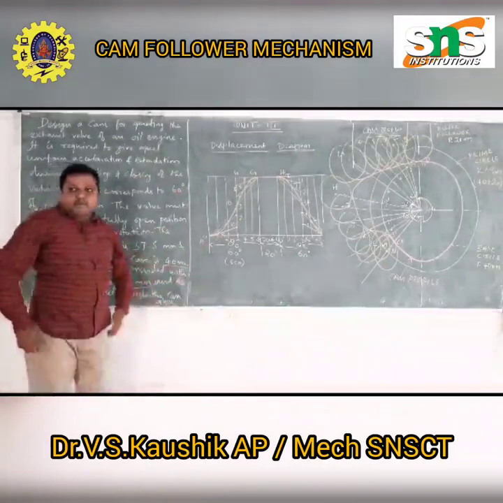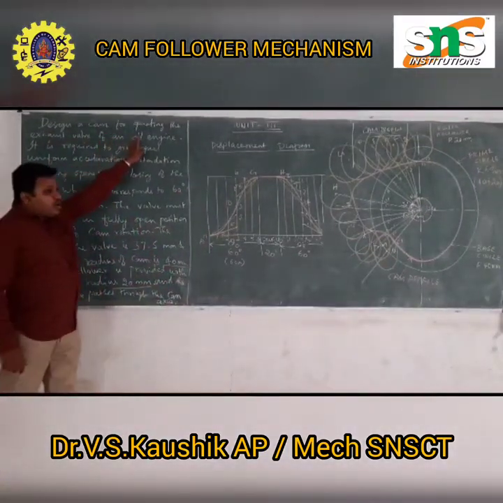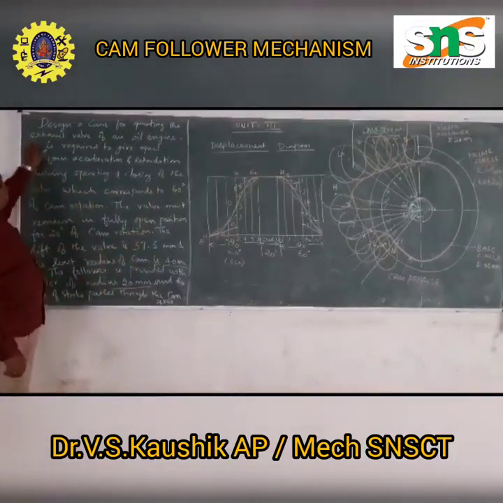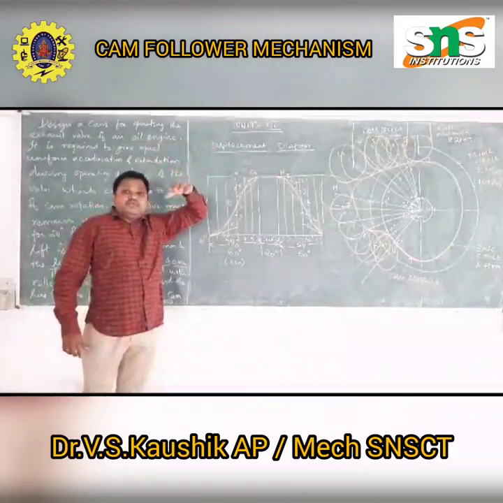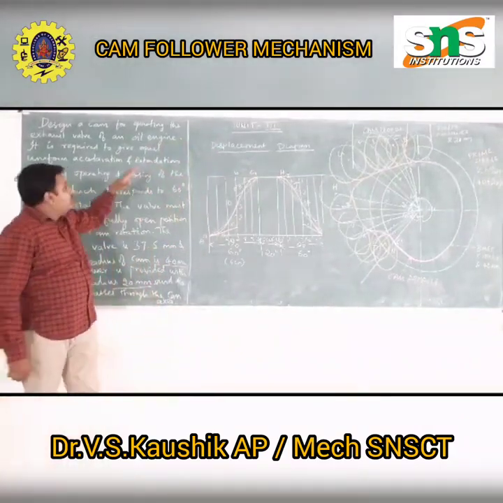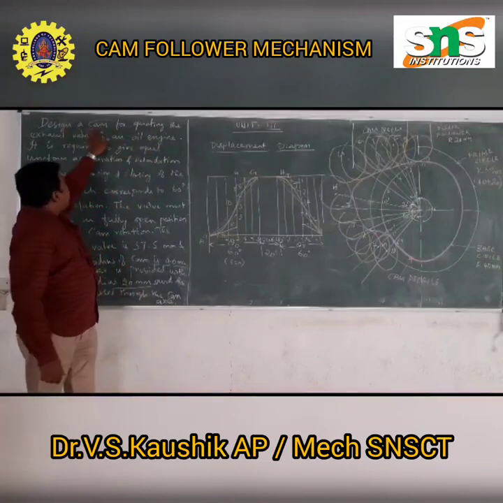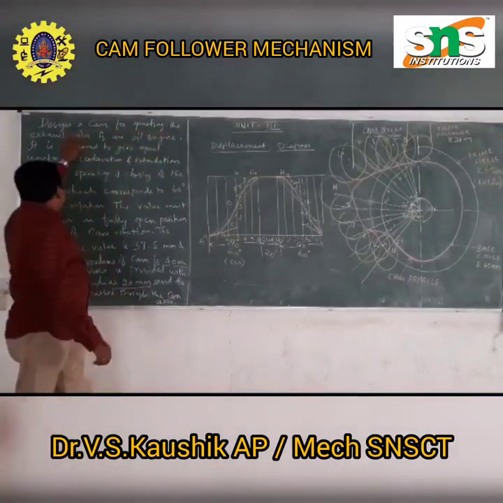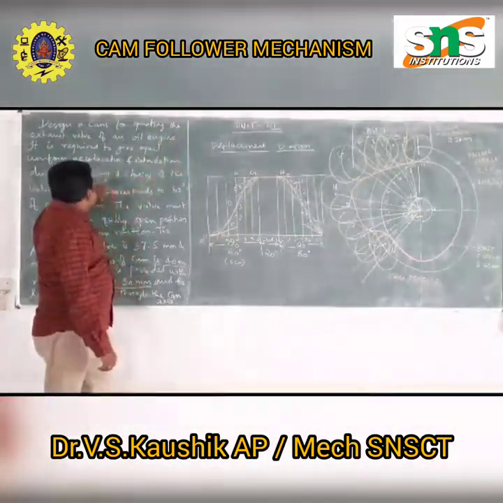Please take down the problem. Design a cam for operating the exhaust valve of an oil engine. We can use it for oil engine purpose also. That is what this problem is given. Design a cam for operating the exhaust valve of an oil engine.